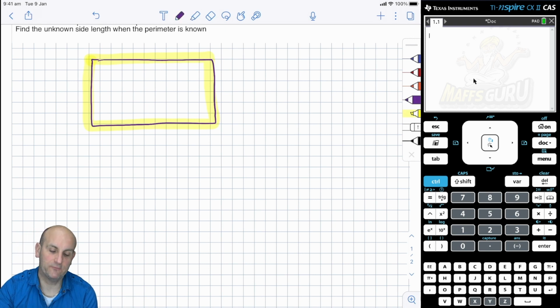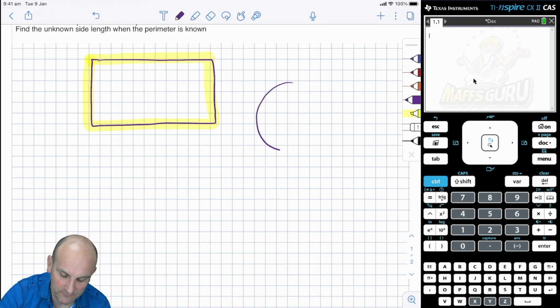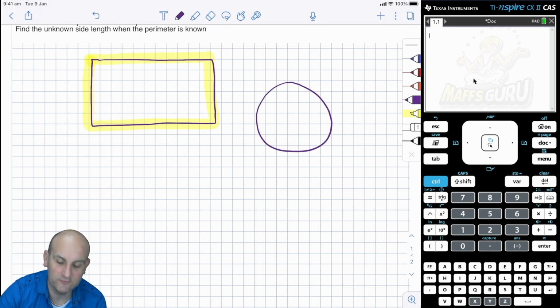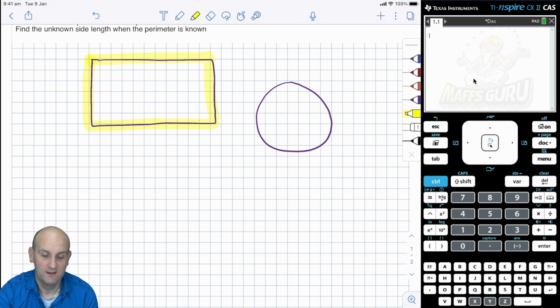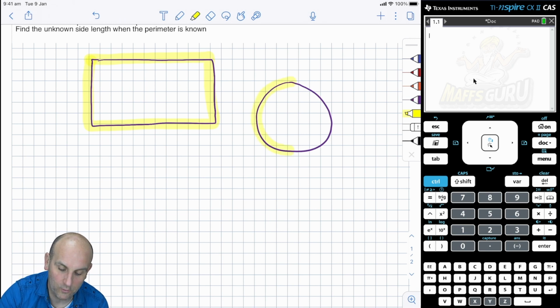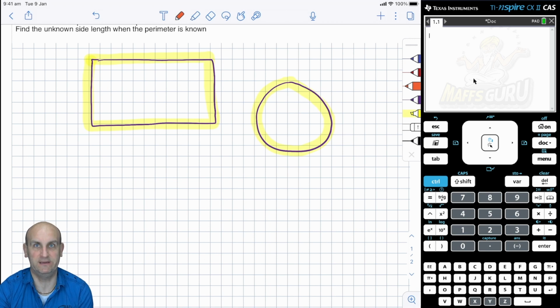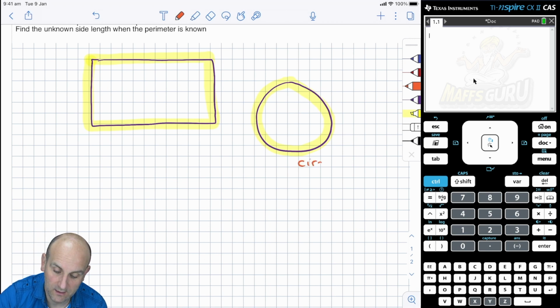Now, maths being maths is going to try and trick us, because later on, when we deal with circles, we don't call it the perimeter. If I start at the circle and move all the way around, then for some reason, thanks Barry, it's called the circumference.